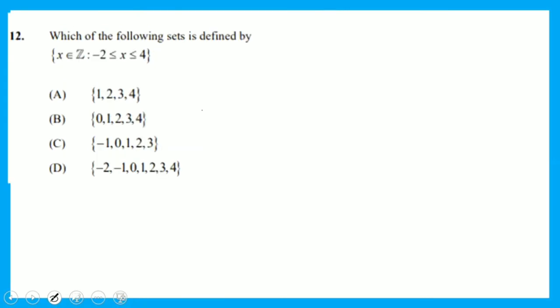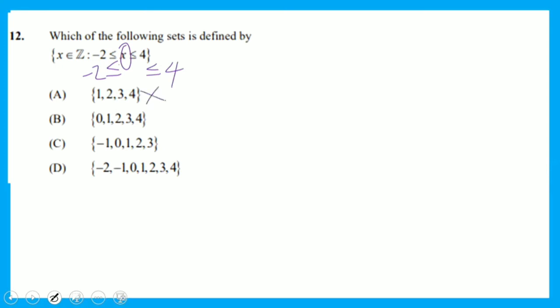And our final question for today, which of the following sets is defined by, all right, so X is a set of integers where the values of X are clearly greater than or equal to -2, and those same values of X are less than or equal to 4. First thing you note is that -2 and 4 must be included.